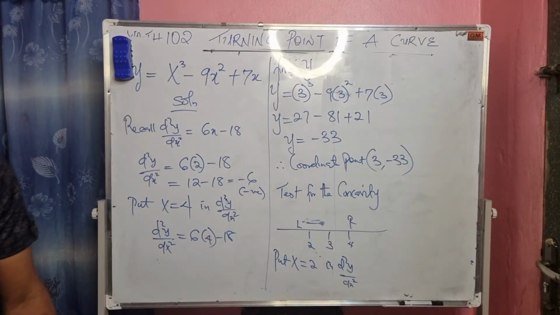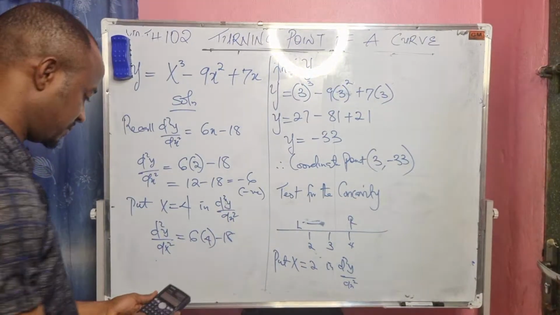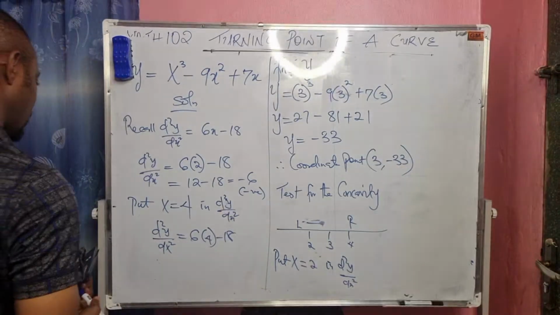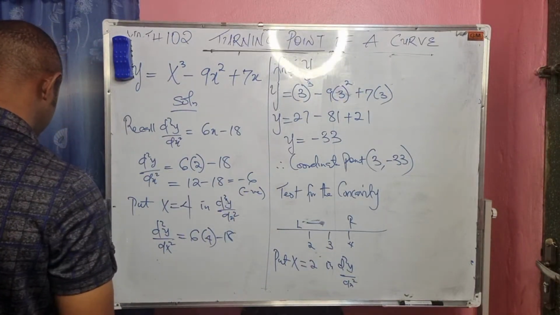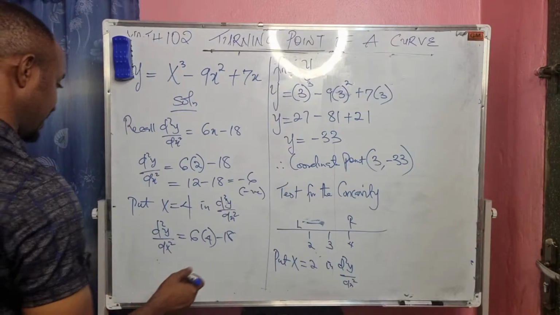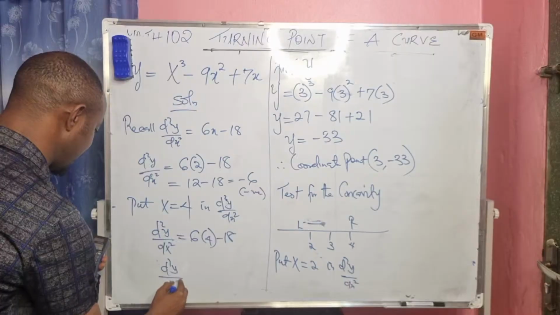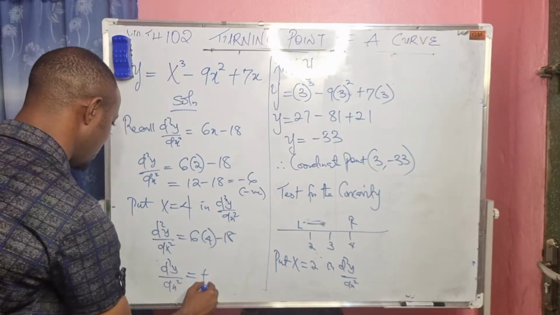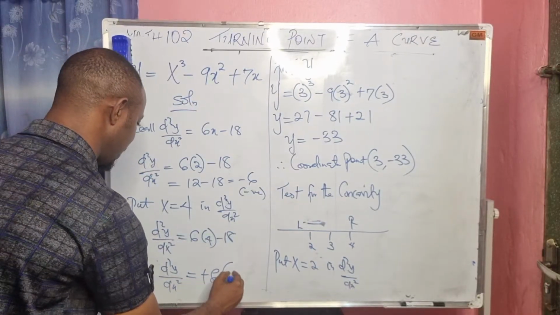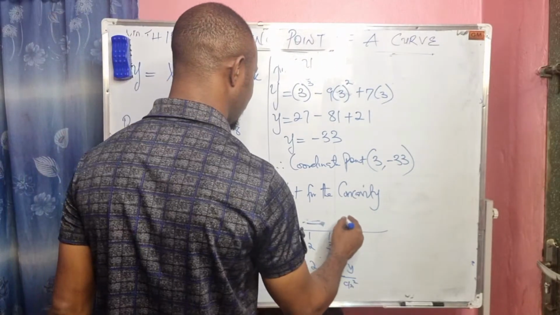Okay, so 6 times 4 is 24. So we have 24 minus 18, should be 6. So we have d2y over dx squared equal to plus 6. This is positive.